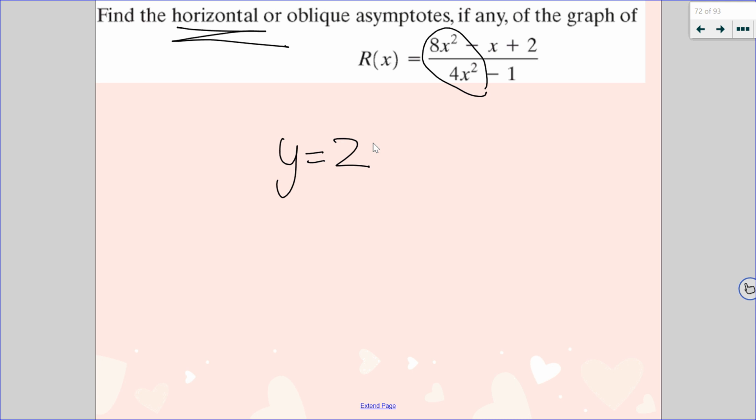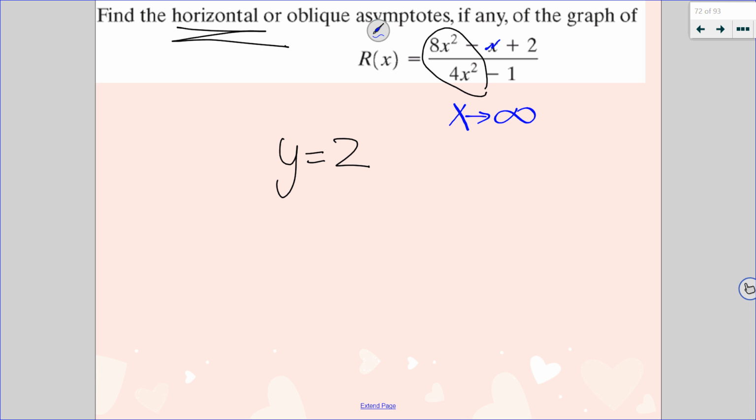The best case scenario is it's not the blue one. The least amount of work. And just to go through the exercise, like why this is true, is when we're looking at x going to infinity, there are terms that become negligible. Remember, we're thinking x is at 1 million, 1 billion, 1 trillion. The 8x squared dominates the numerator.